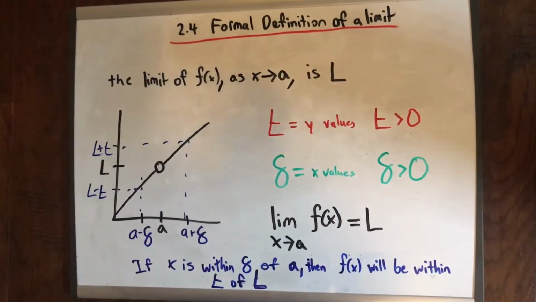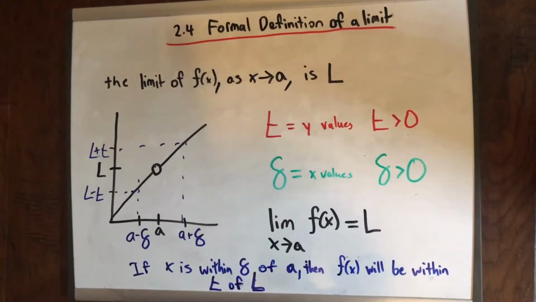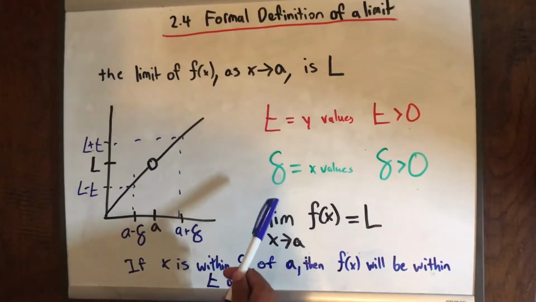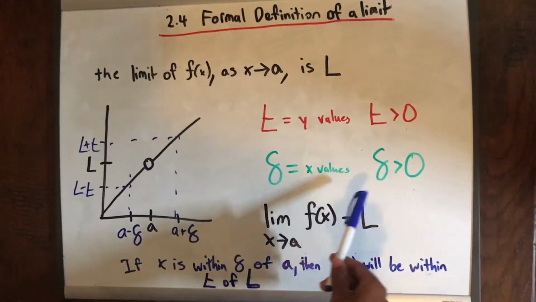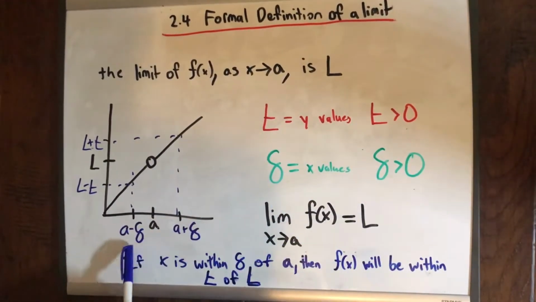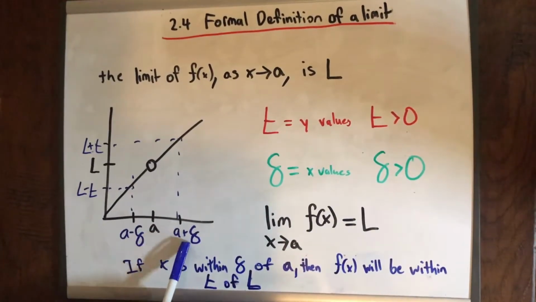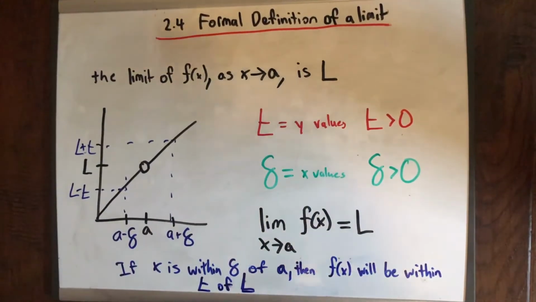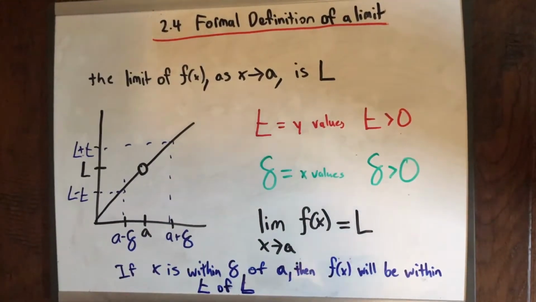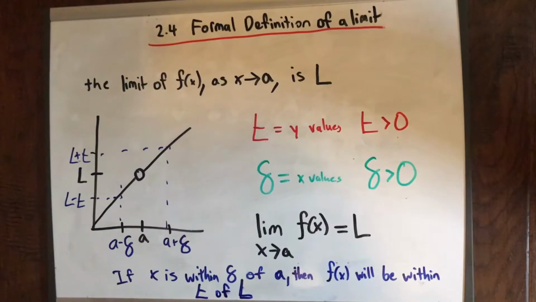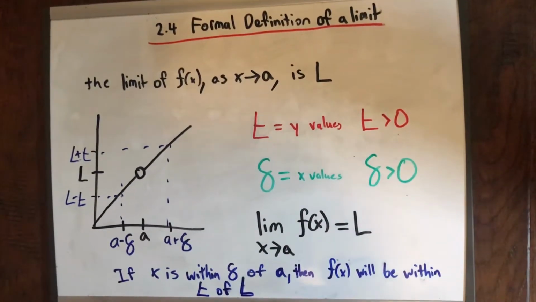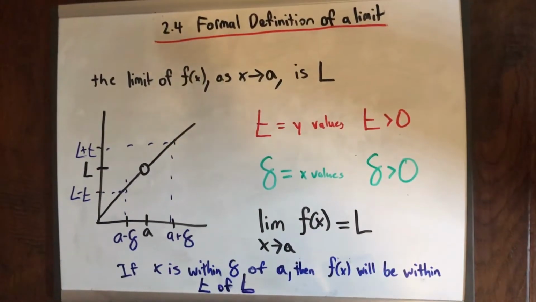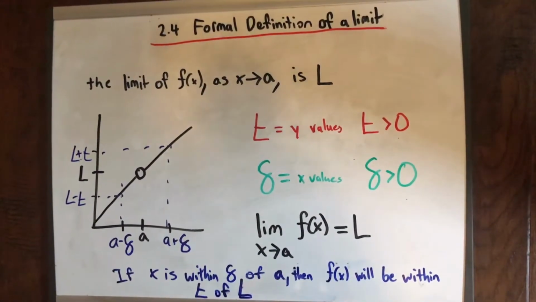More or less, in a graphical sense, we can illustrate this by saying that the domain of the x values will be a minus delta to a plus delta. We can also say that the y values will range from L minus epsilon to L plus epsilon, and that f of a plus delta will be approximating L plus epsilon, and f of a minus delta will be approximating L minus epsilon.